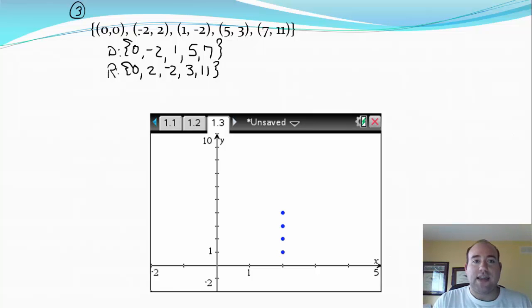All right, well, let's look at the x-coordinates. Do they repeat? Now, don't get confused. By repeat, I mean repeat in another x-coordinate. I know -2 shows up again here, and I know 0 shows up again there. But as far as just the x numbers are concerned, the 5 numbers here do not repeat, so this is a function.